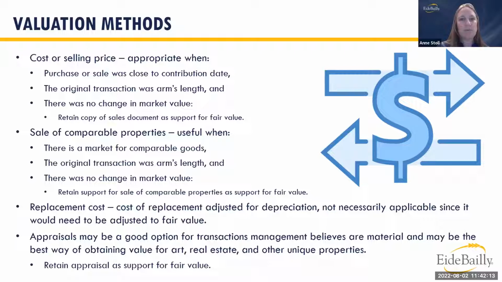So maybe it's a portion of land that was being donated. It would be appropriate to say we don't have this exact same piece of land being sold, but we do have similar land that's being sold. Make sure in this situation that you are retaining support for the sale of the comparable properties as support for that fair value measurement.